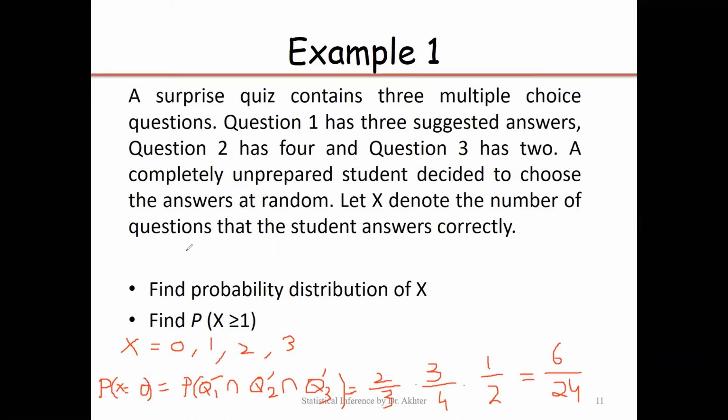In the same way, we have to write down the probability for x is equal to 1. Probability for x is equal to 1 has multiple options. What multiple options we may have?